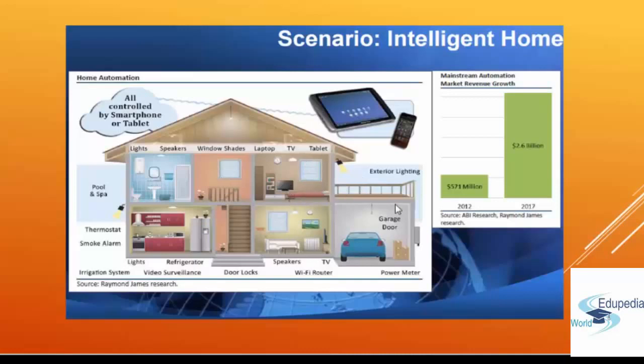Same goes for everything here. Garage door would open. You're coming back from work. You use your tablet. You open up the smart home application, and then you scroll down and you see the garage door. You look at the status. It says closed. You change the status to open, and it's going to open. It doesn't work like a remote control.